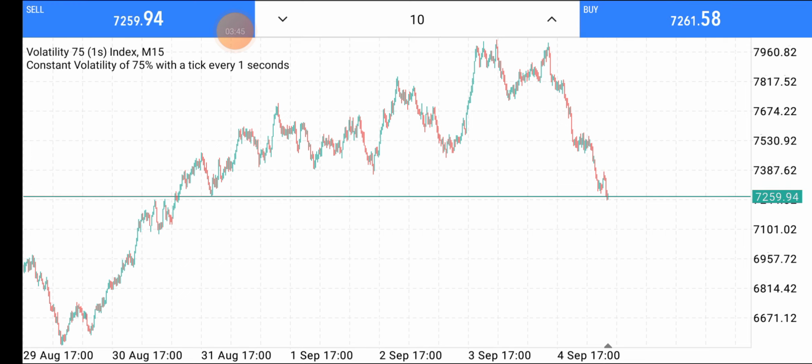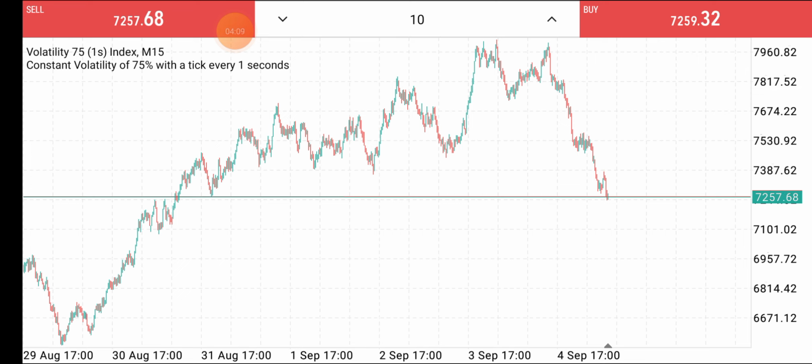Many times I tell my students that it's usually good to look for a very good sniper entry from the lower time frame, and then you monitor it on the higher time frame, because the smaller time frame contains too many false moves and too many manipulations.